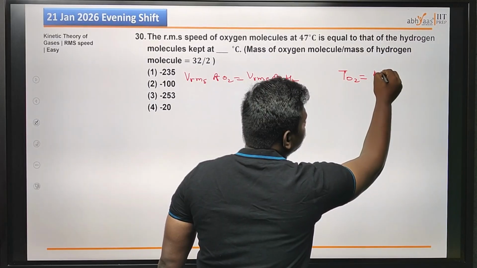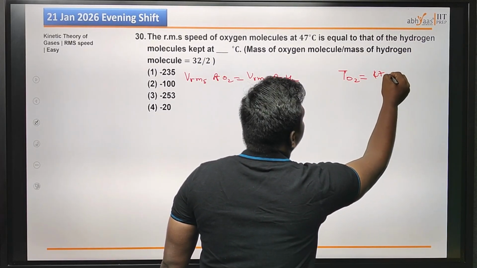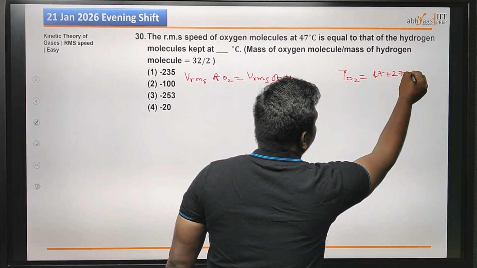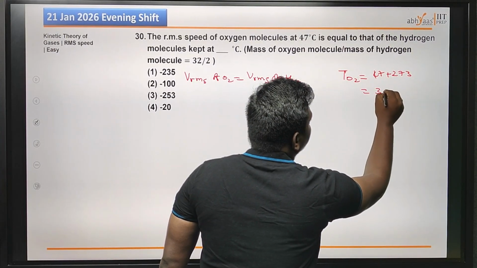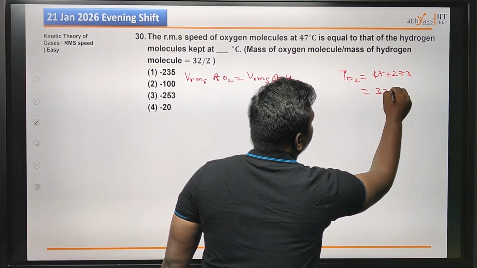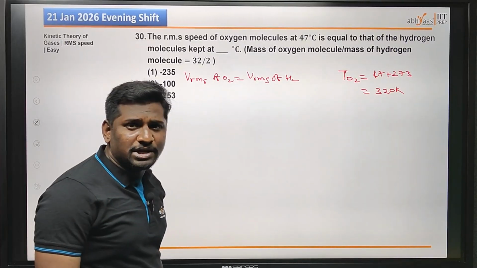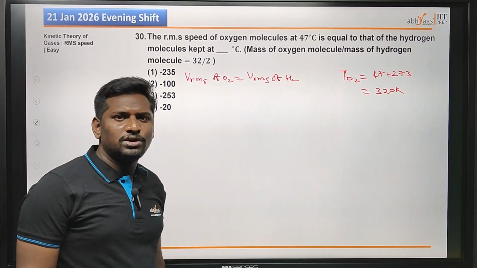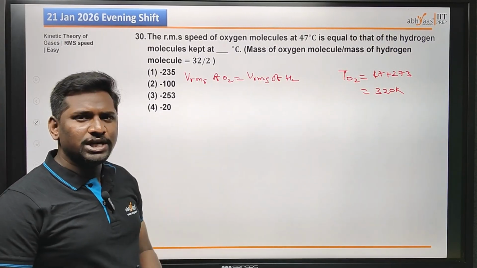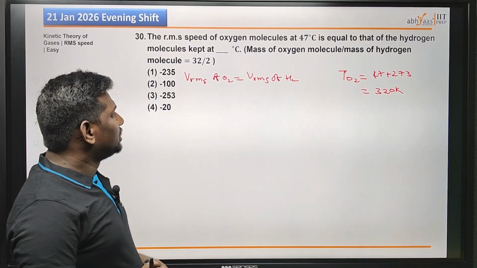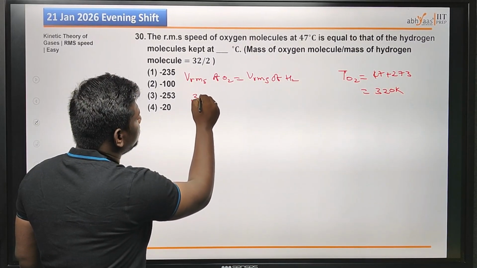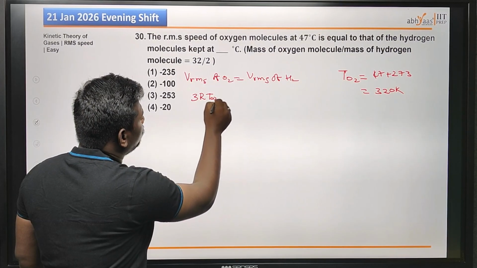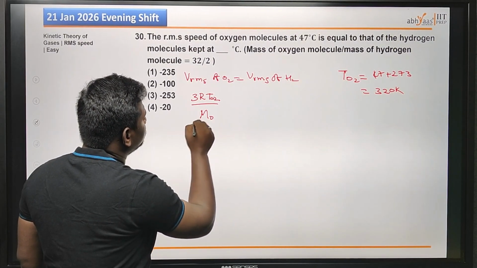We should convert that into kelvins, adding 273. So you will get 320 Kelvin. What is the temperature of O2? That is 320 Kelvin. We know the formula. What is the formula? Square root of 3R TO2 by MO2.